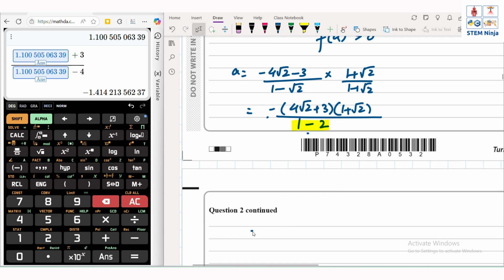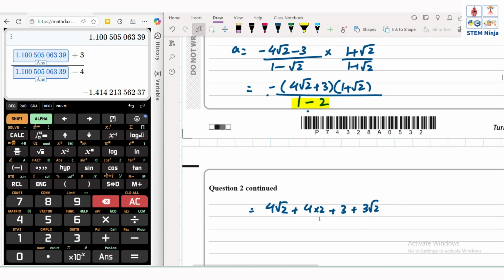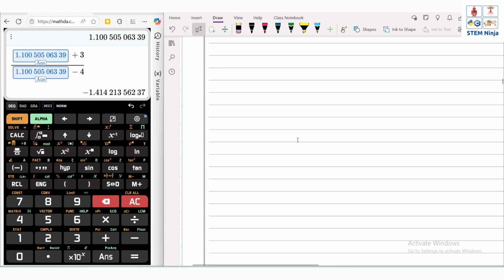So we are getting 4 root 2 plus 4 times 2 plus 3 root 2. So 8 plus 3, that is 11, and 4 plus 3, 7 root 2. So that is the final value of A. Right, okay, moving on to the next question.